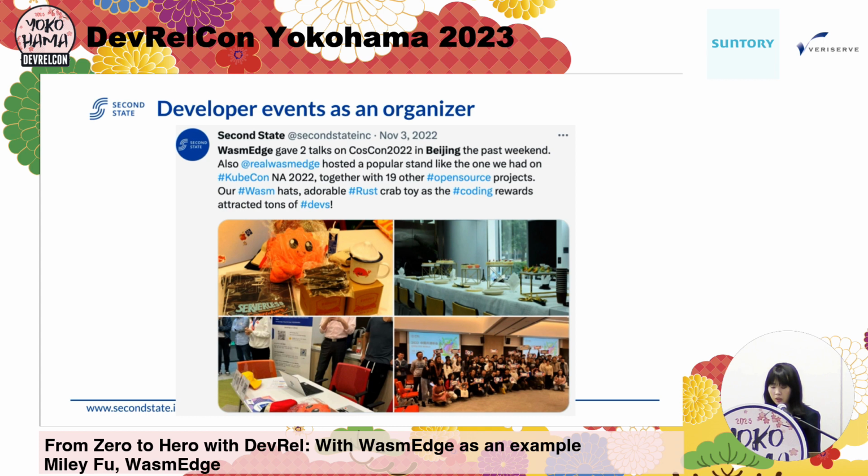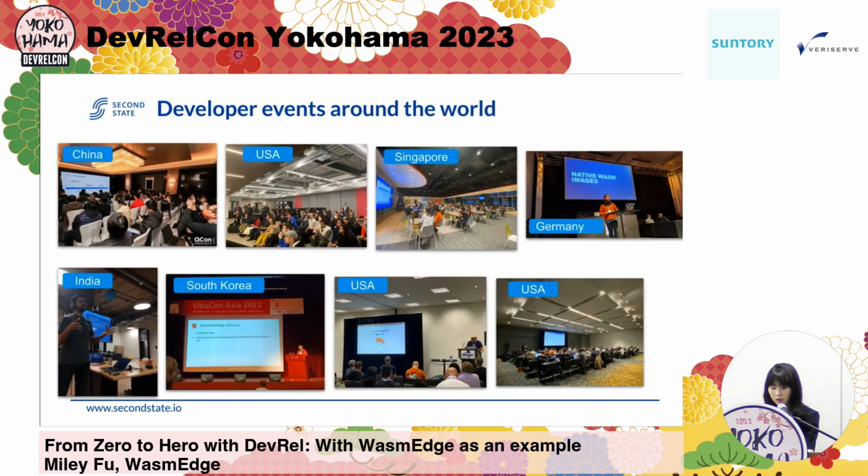This is another event we attended. This is our booth. We have a Rust doll to give out, and also other swag. There are also events in other parts of the world. In the United States, you can see the second event, hosted in the Bay Area in Silicon Valley.